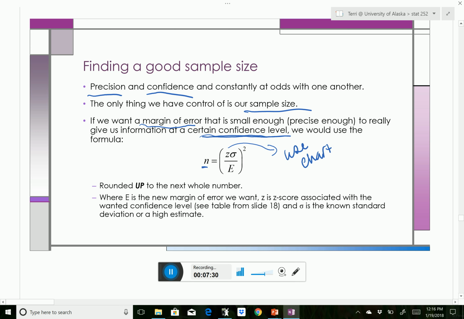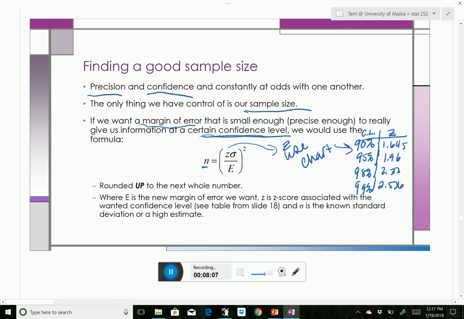Remember the chart: a 90% confidence level has z equal to 1.645. 95% is 1.96. 98% is 2.33, and 99% is 2.576. Yes, I have them memorized because I use them a lot. So we're going to use this chart in order to find the z.